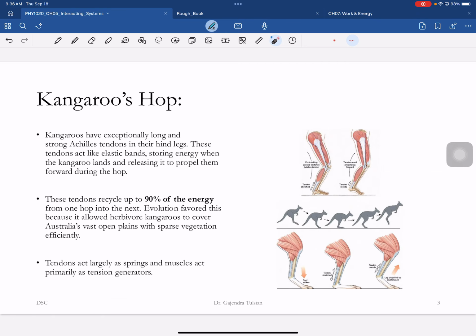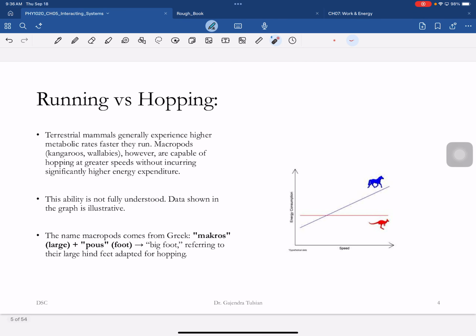All right, so the next few slides we'll talk about this. Let me start off by showing you a graph. This is a pretty interesting graph. It shows the rate of energy consumption versus speed.